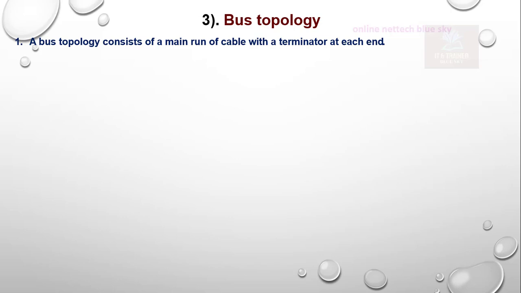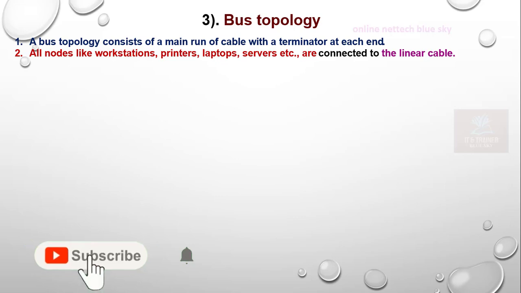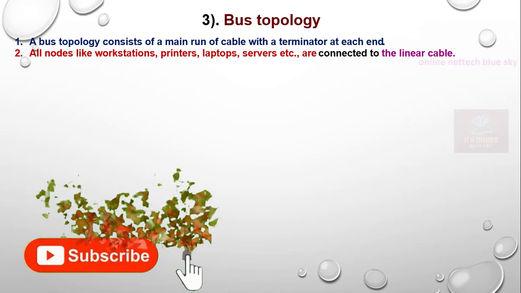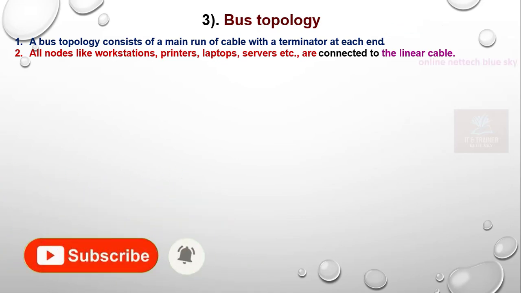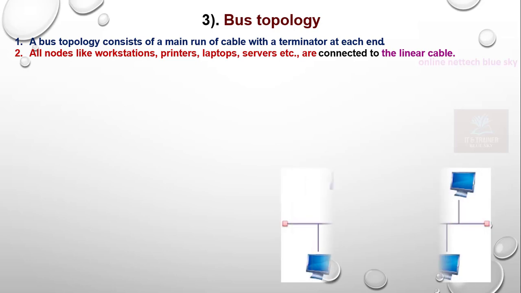And why do computers use this system? All nodes like workstations, printers, laptops, servers, etc. are connected to the linear cable. First, the main cable: only one main cable.